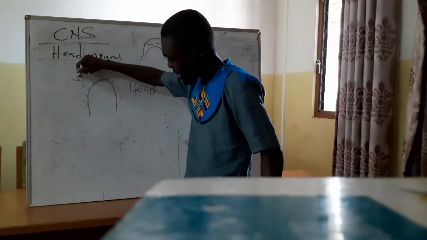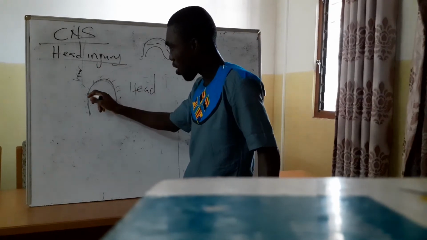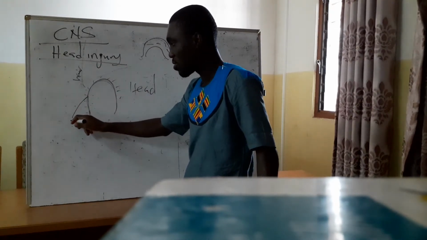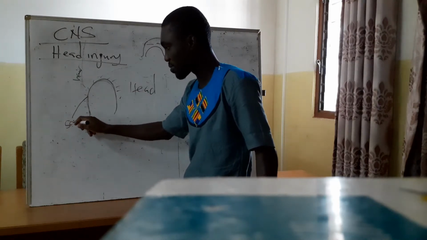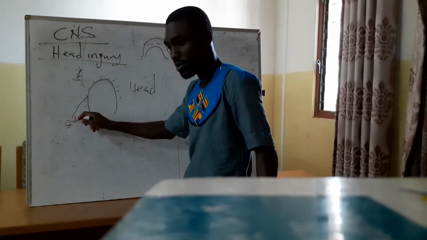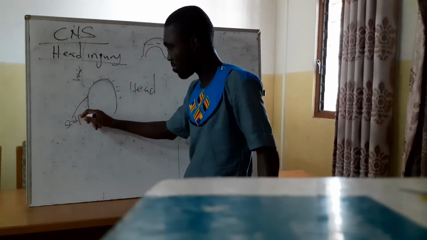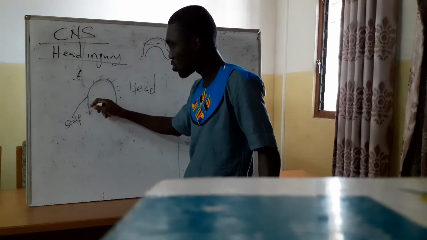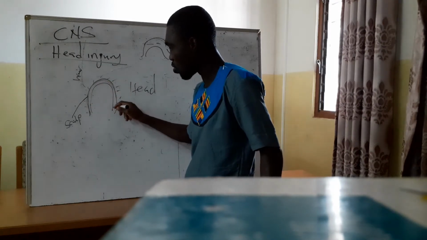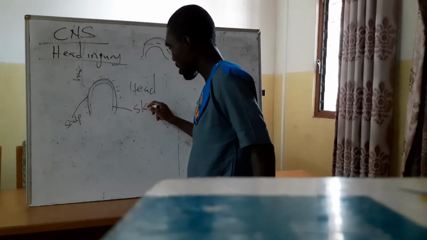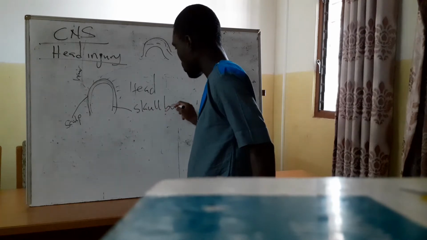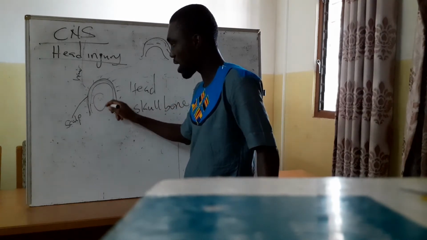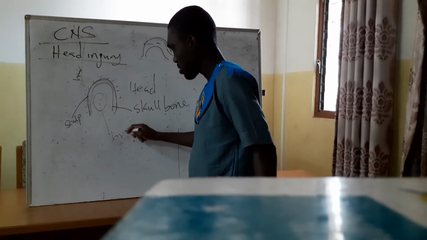So we have the hair, right? The hair is attached to the skin, which we term as the scalp, right? And then under the scalp, there is a bone known as the skull bone. The skull bone, right? And then inside the skull bone is where we have the brain, right?